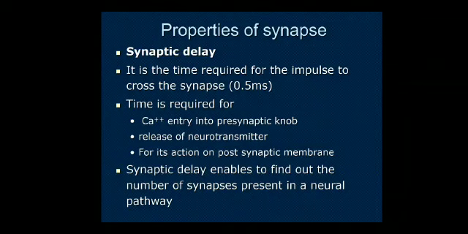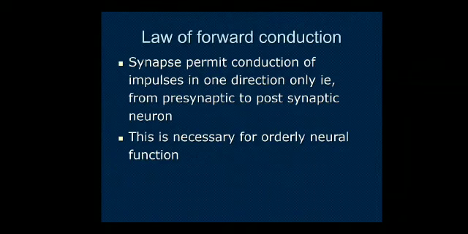It is the time required for the impulse to cross the synapse. And I mentioned that by knowing the synaptic delay, scientists can identify the number of neurons and synapses present in the neural pathway.